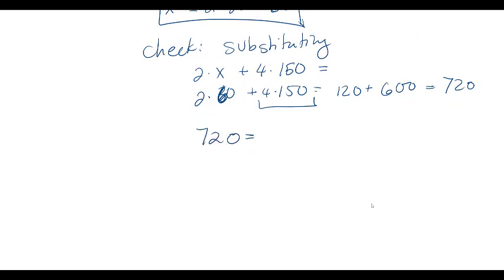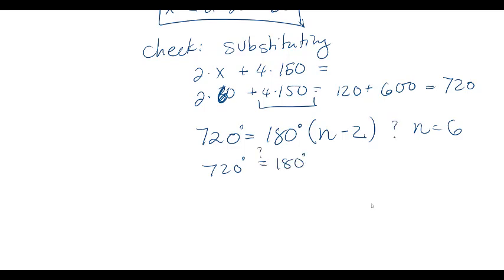720 equals 180 times n minus 2, where n, remember the number of sides was 6. So we have 720 degrees equals, let's put a question mark there because we still haven't finished checking it, n minus 2, 6 minus 2 is 4.